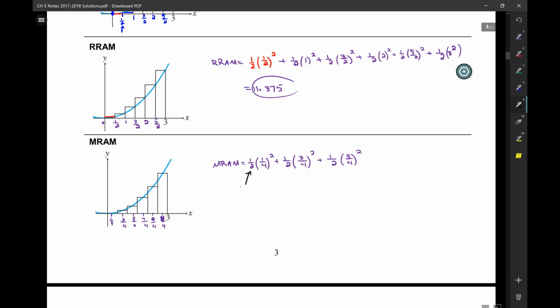This is the length of the base. The length of the base is still 1/2 because we went from 0 to 3, divided it into 6, so we get 1/2. So plus 1/2, 7/4 squared, 1/2.